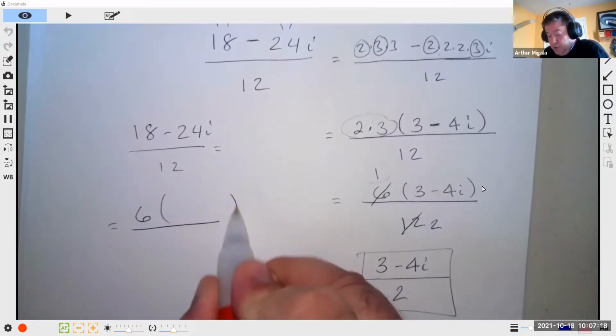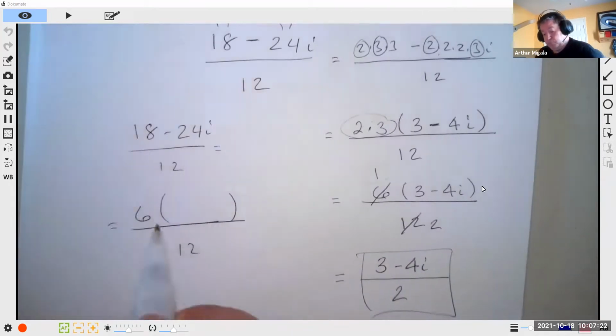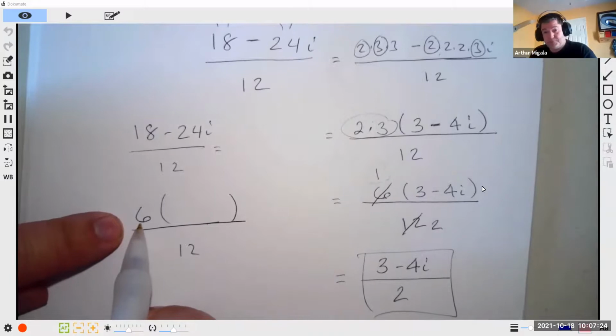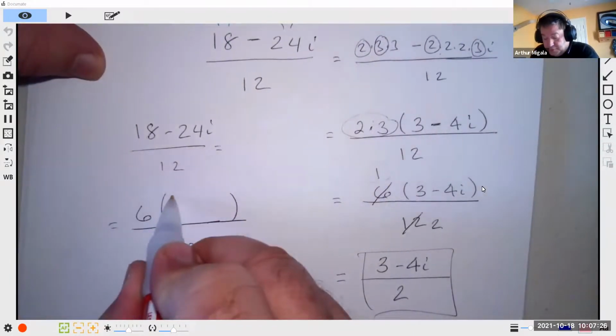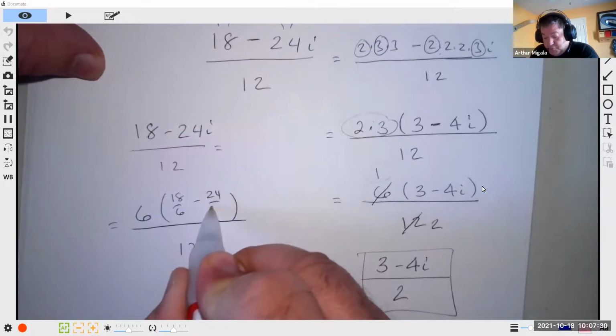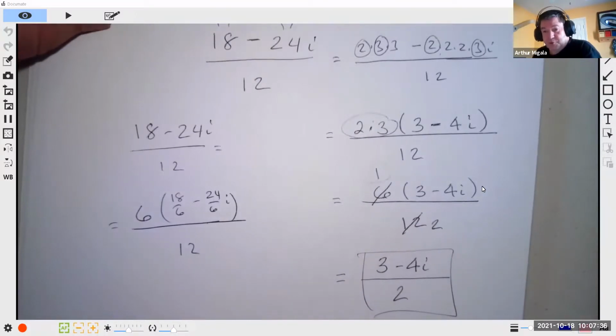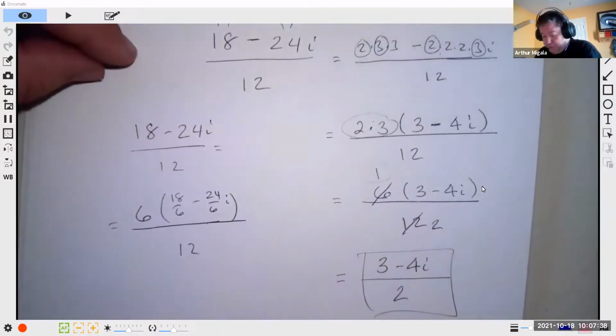Now to figure out what goes inside the parentheses, whatever you factored out, divide those. So 18 divided by 6, 24i divided by 6. Whatever you factored out, divide whatever's inside the parentheses by it, and whatever's left is your answer.